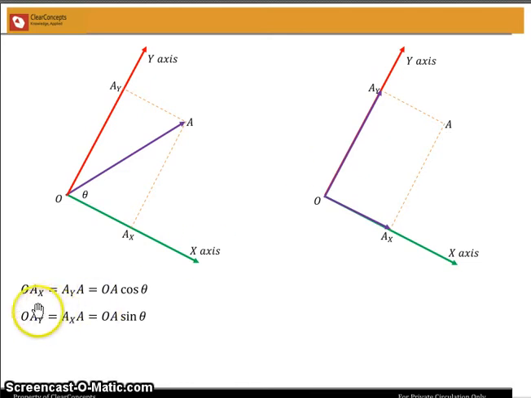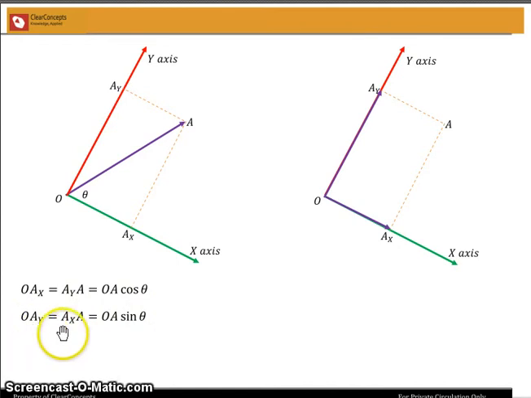From the construction, it is easy to also see, using trigonometry, in the triangle OAXA, with theta being the angle AOAX, that AAX is the side opposite theta, and OAX is the side adjacent to theta, and therefore OAX will turn out to be OA cos theta, that is the adjacent side is the hypotenuse times the cosine of theta.